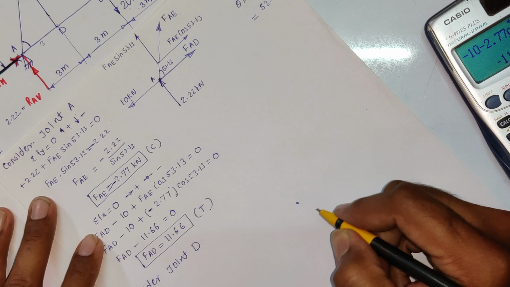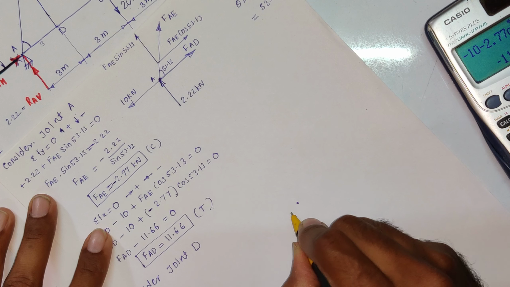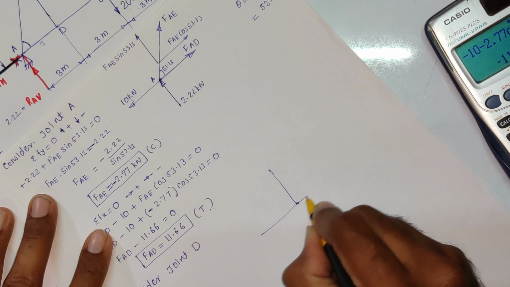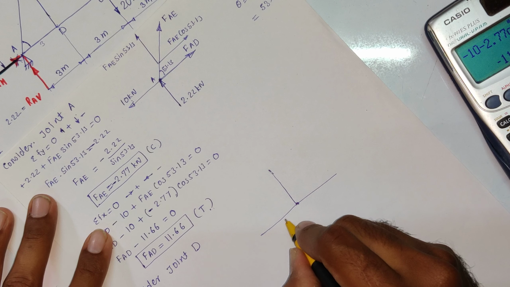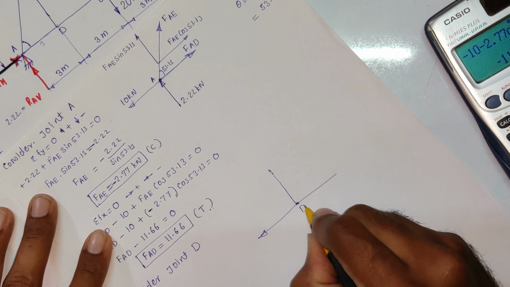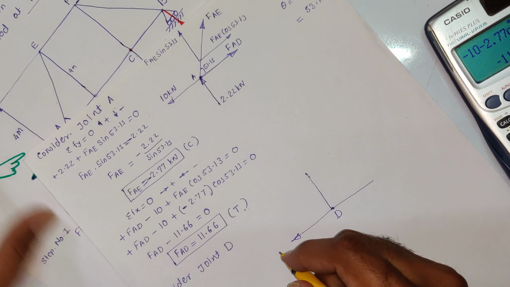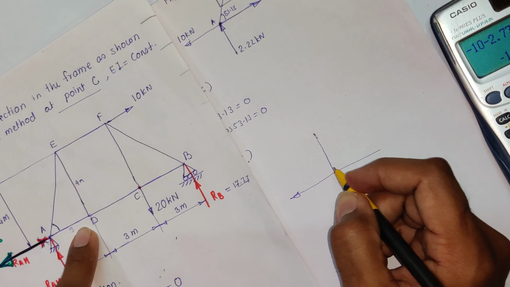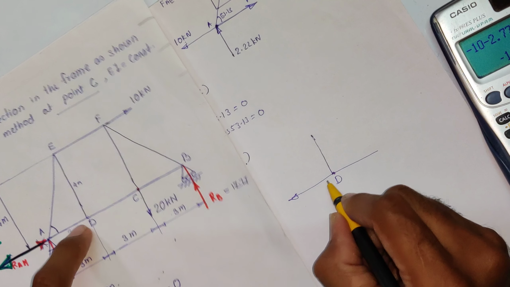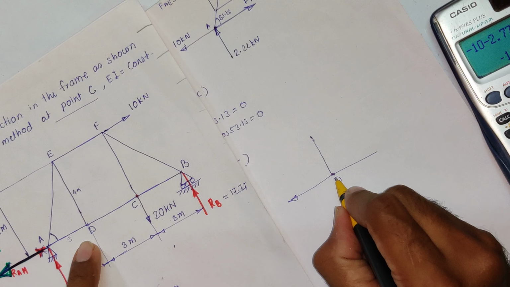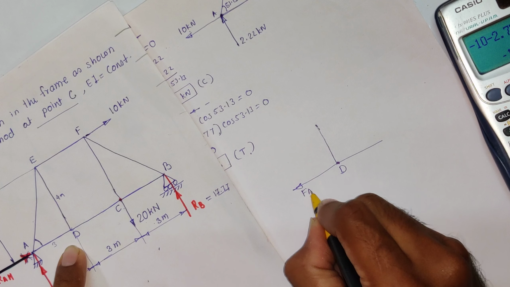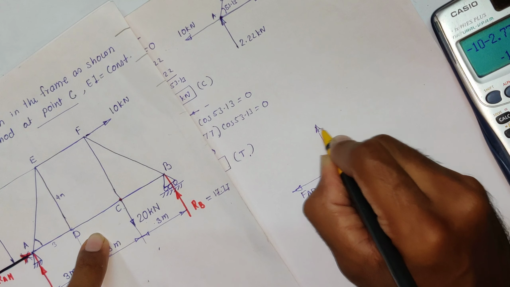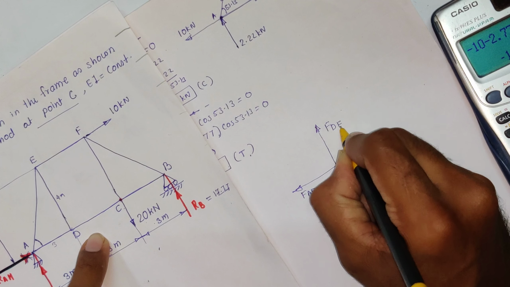So consider joint D. After considering that joint, you have to show members in a force away from the point. Please see this diagram. Joint D, 1, 2, 3, right? Joint D. So this is FAD, this is FDC, and this is FDE, right?